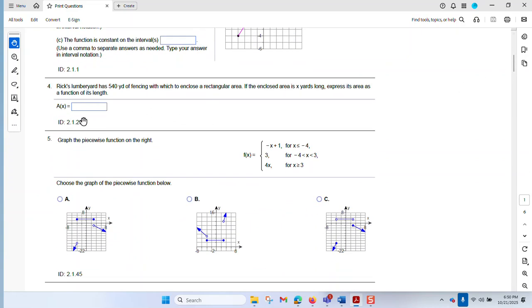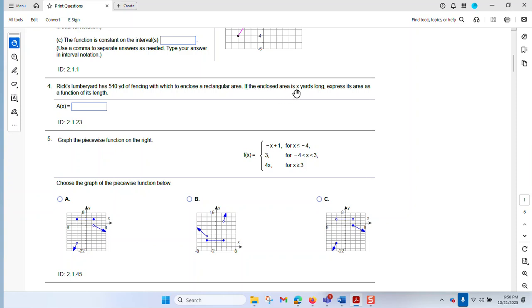Okay, look at this one right here. This is a little bit of application. You can see this is chapter 2, section 1 in here, okay? Rick has 540 yards of fencing, which he uses to enclose a rectangular area.